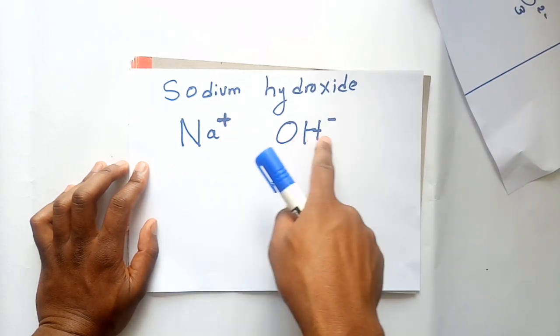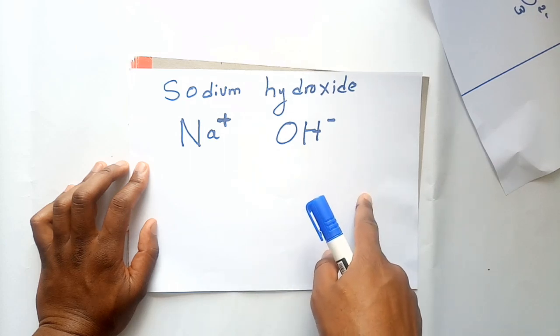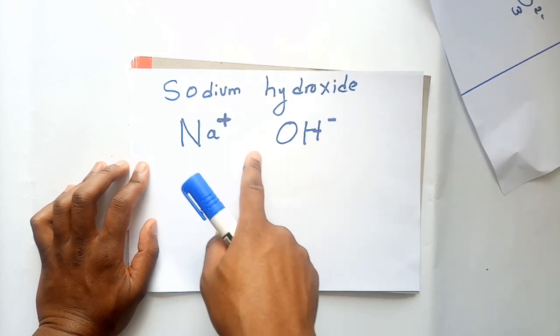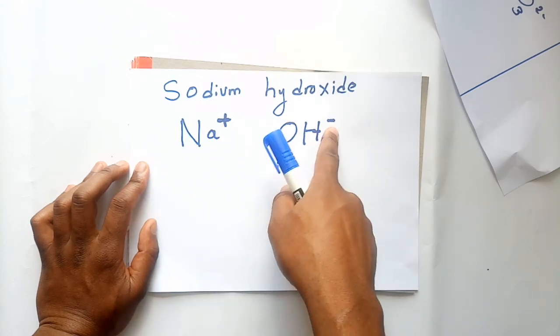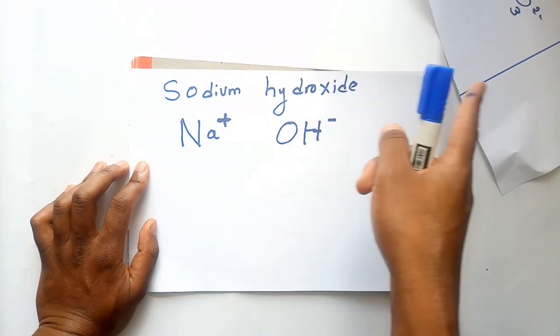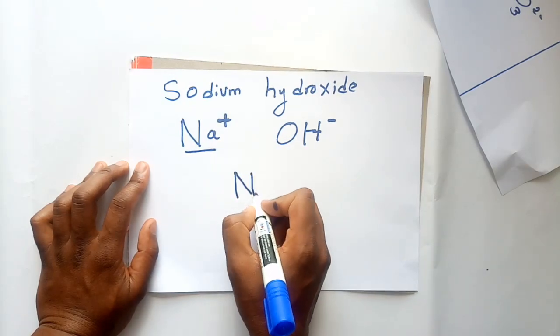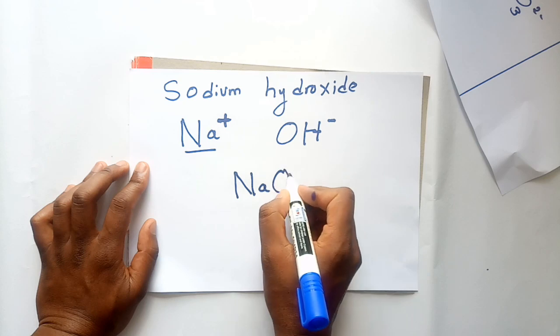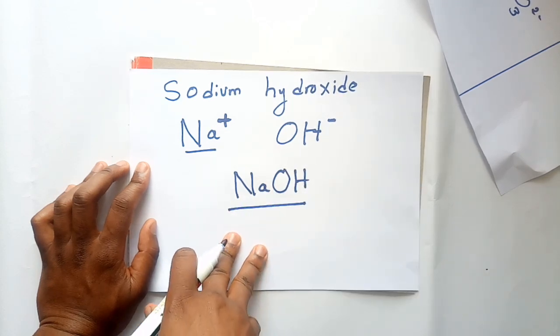So if this one and this one combine, they should form an overall charge of 0. And this one is pretty simple because this one is positive 1 and this one is negative 1. Positive 1 plus negative 1 is 0. So this one will only need one sodium combining with one hydroxide to form sodium hydroxide.